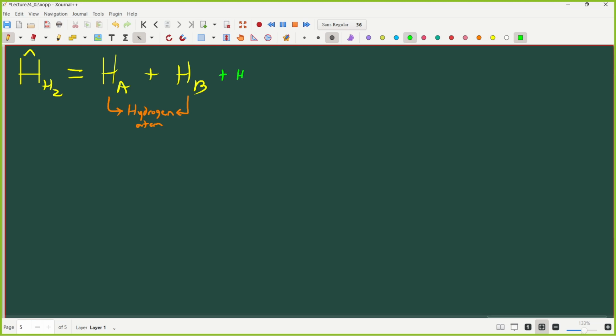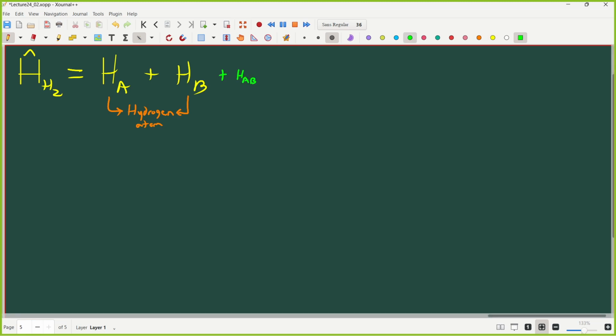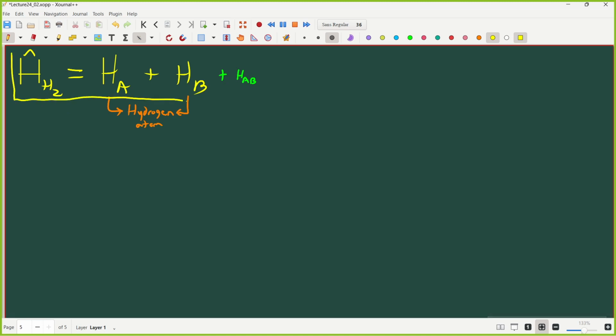Write that in really small text, HAB. And when we solve the Schrodinger equation for this problem, we just solve it for this unperturbed part. So we solve this, which we can do, and solve for wave functions.